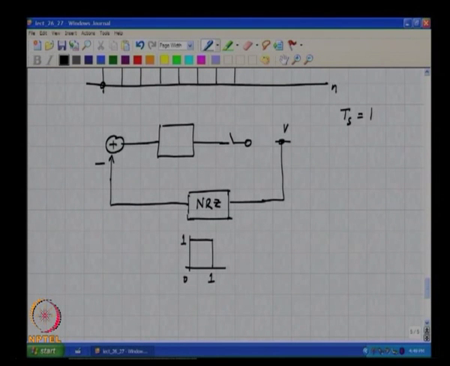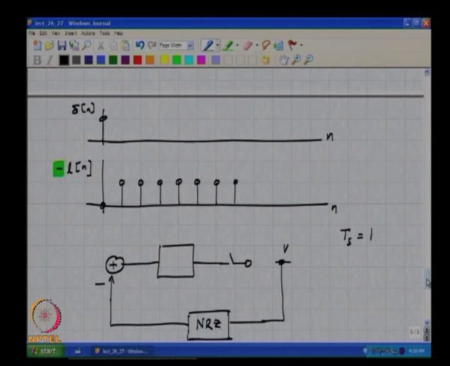What are we expecting if this loop filter is doing its job properly and mimicking a discrete time integrator properly? What sequence are we expecting here? You are expecting the output samples to look like this.